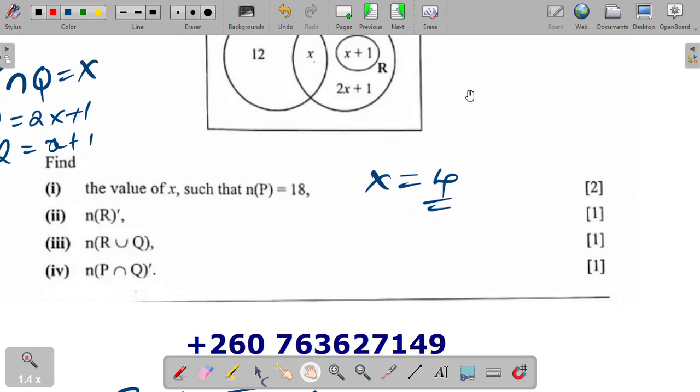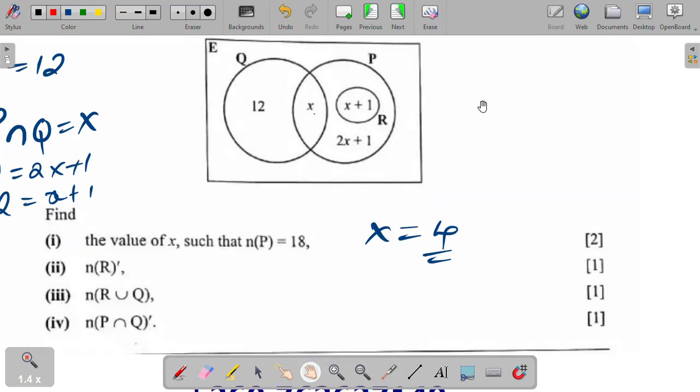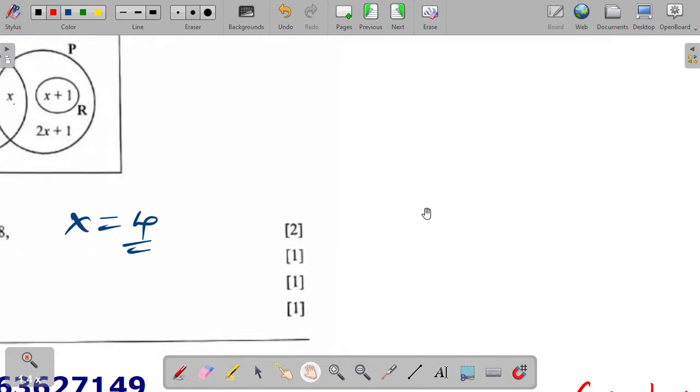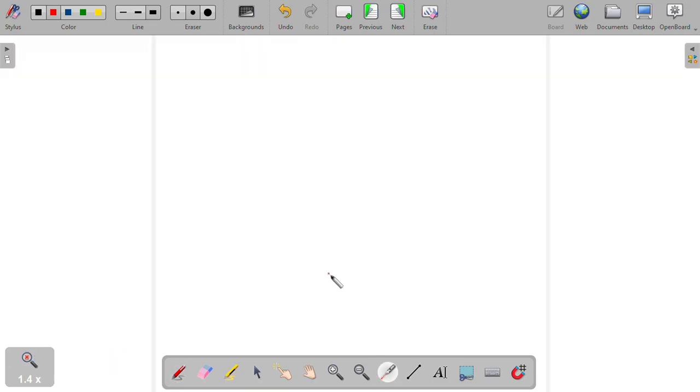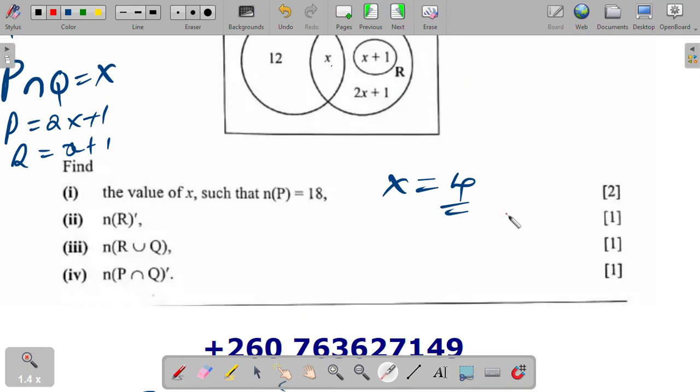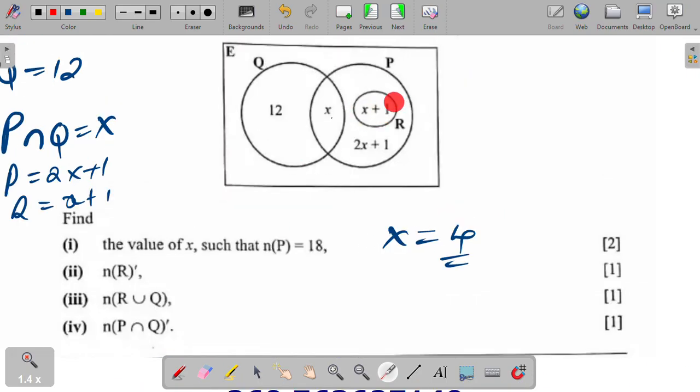What are the elements in R? Remember we are not including R, so we're just finding first the elements in R. This is R here, as you can see. R is x plus 1.